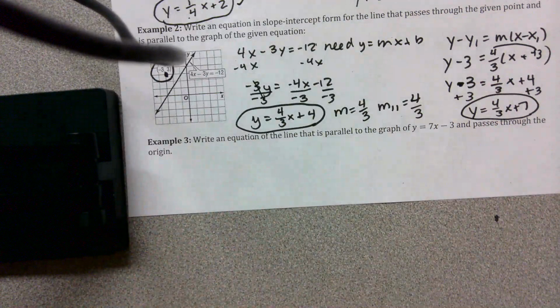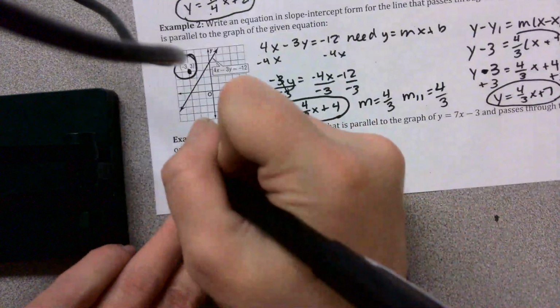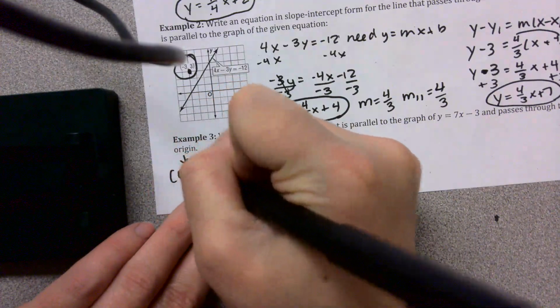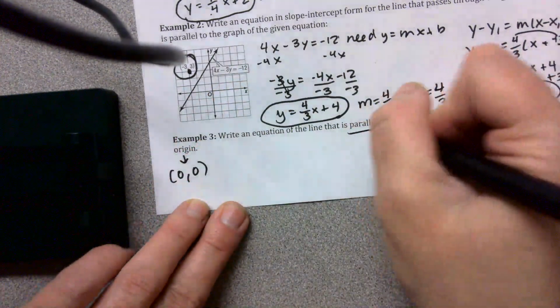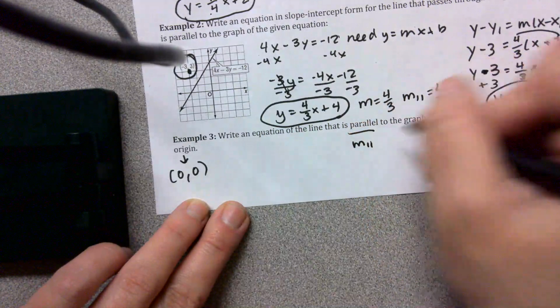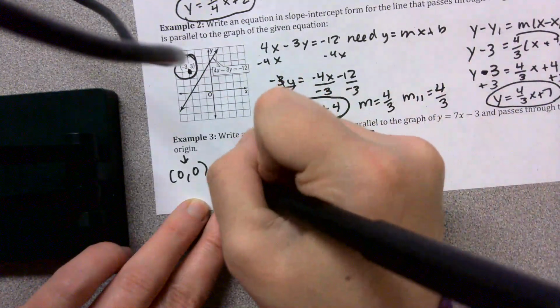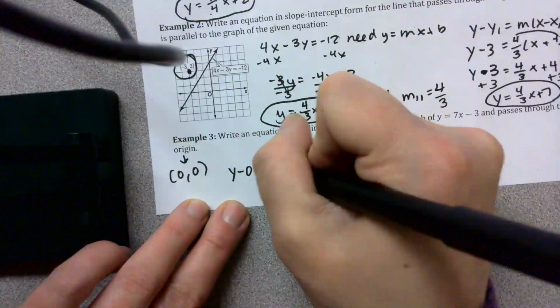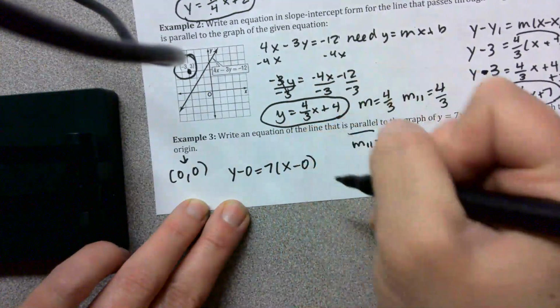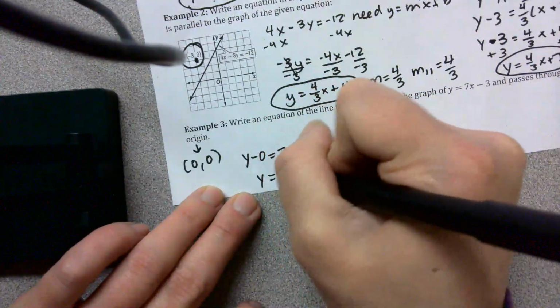At the bottom, it says write an equation of a line that is parallel to this graph and passes through the origin. Origin is 0, 0. Parallel slope is 7. So y minus 0 equals 7x minus 0. So your equation is y equals 7x.